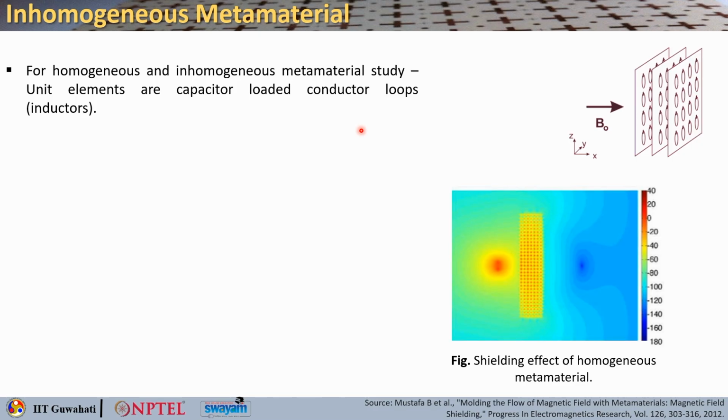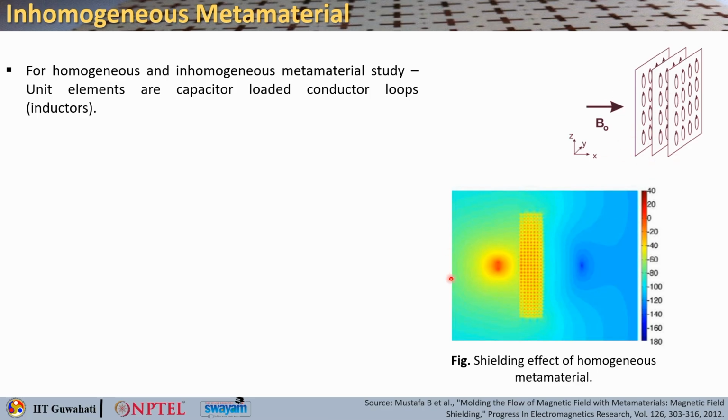Now, for homogeneous and inhomogeneous materials, for the case of inhomogeneous, we are now considering unit cells which are capacitor loaded conductor loops. As you can see here, these conductor loops are nothing but inductors. So, you will see the shielding performance of an array of such loops.